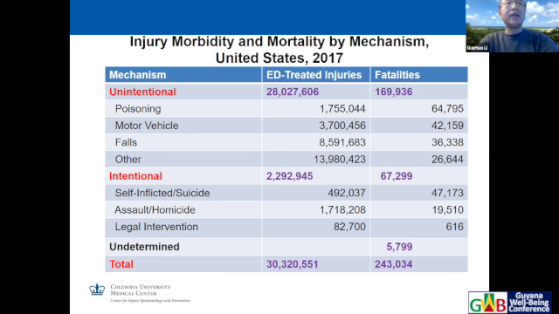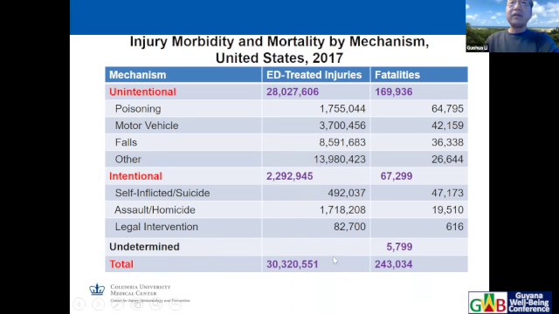And then under the intentional injuries, we have suicide or self-harm and homicide or assaultive injuries. And also a small category of legal intervention, which involves death sentence or interactions between law enforcement and residents. So in the United States, every year there are over 6,000 deaths involving legal interventions or police shootings.